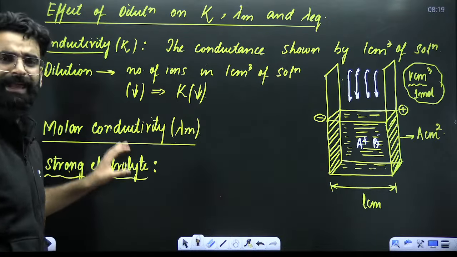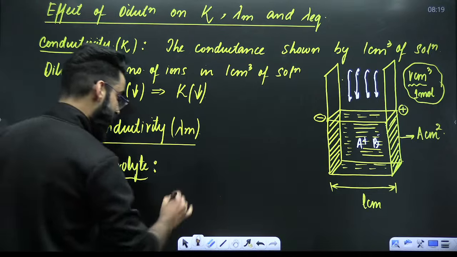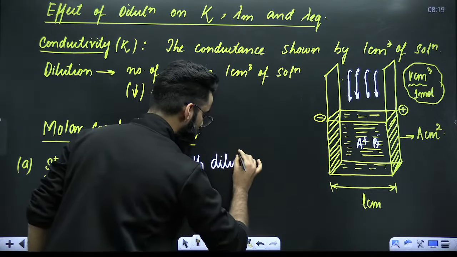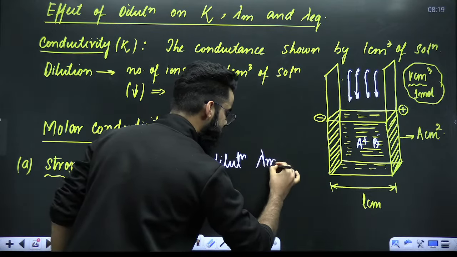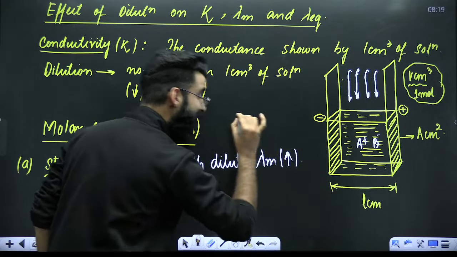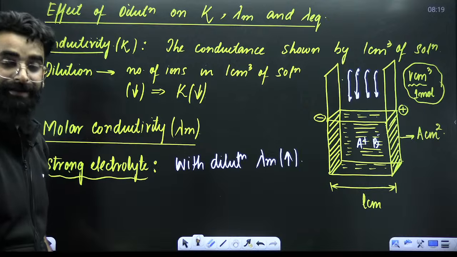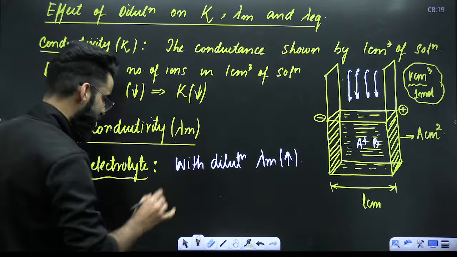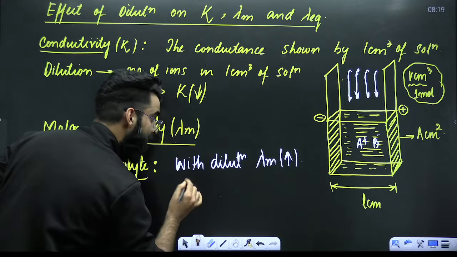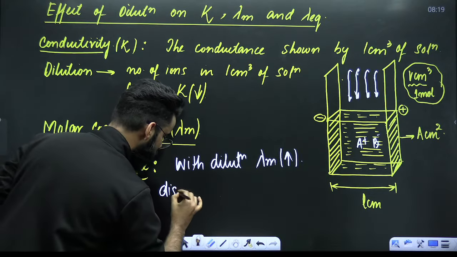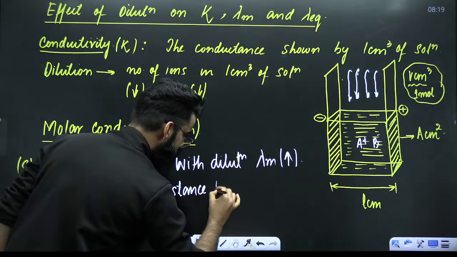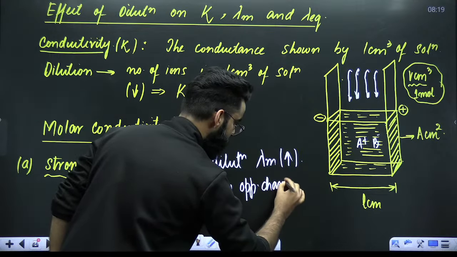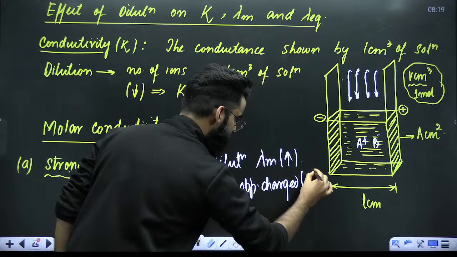So do remember, in case of strong electrolytes, with dilution, the molar conductivity of the strong electrolyte increases. What is the reason? The reason is that the distance between the oppositely charged ions increases.